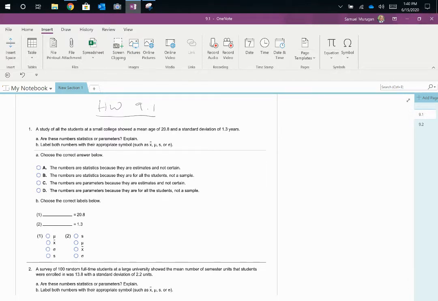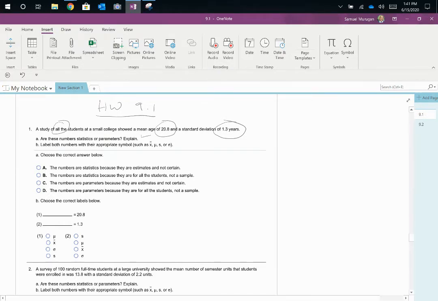A study of all students at a small college showed a mean age of 20.8 and a standard deviation of 1.3. Are these numbers statistics or parameters? Because this refers to all students, we're talking about the population.